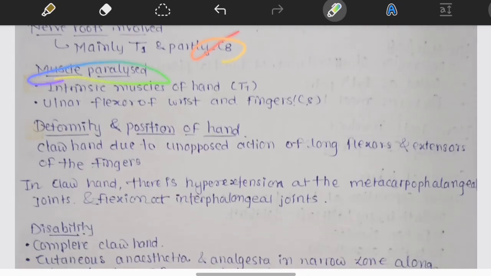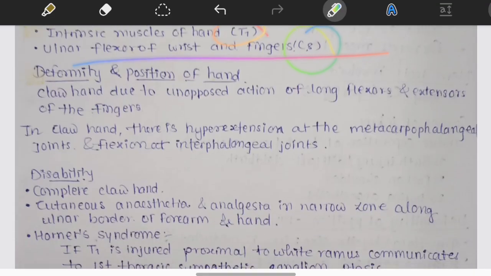Muscles paralyzed. Here, muscles of the hands are mainly paralyzed, that is the intrinsic muscles of the hand, and the ulnar flexors of the wrist and fingers, mainly T1 and partly C8. Deformity and position of the hand: claw hand due to unopposed action of long flexors and extensors of the fingers.